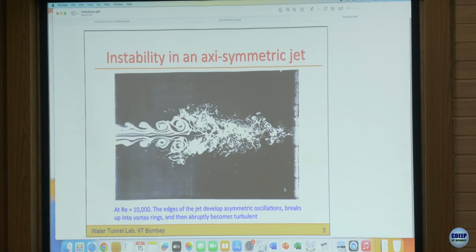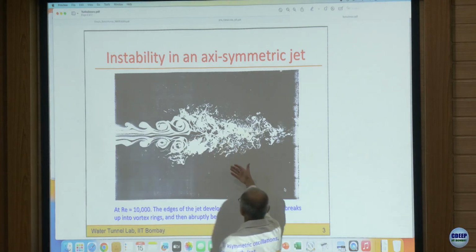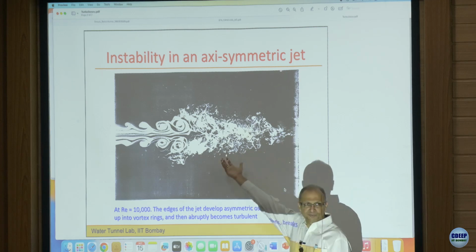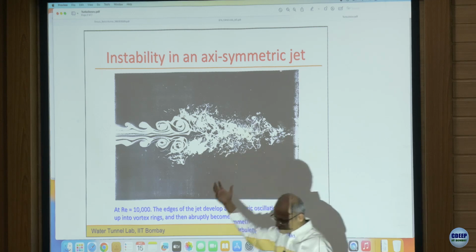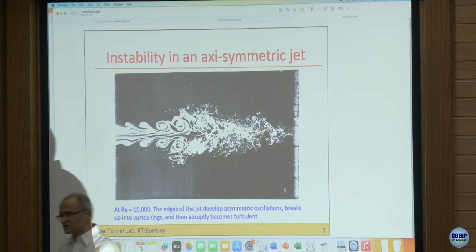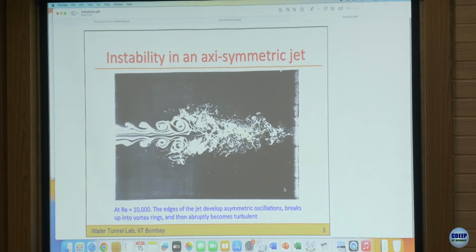Normally there would be a certain length over which the transition would happen, and you can actually make measurements. If you were to make measurements, you will see a lot of variation in this region. If I go further away from the jet, there will be self-similar regions that you would find. That means that the velocity profiles that you can measure, you can collapse them onto a single curve.